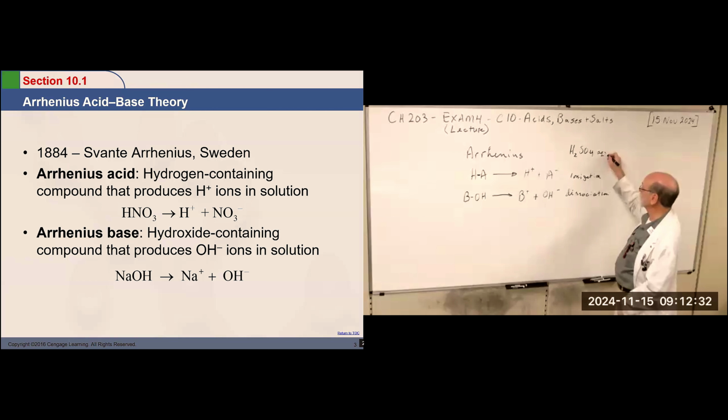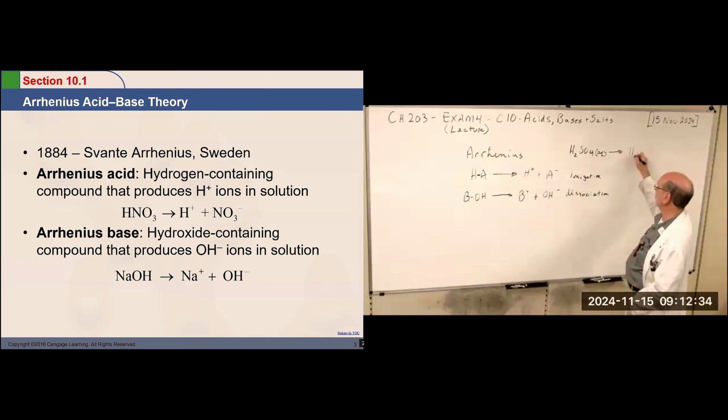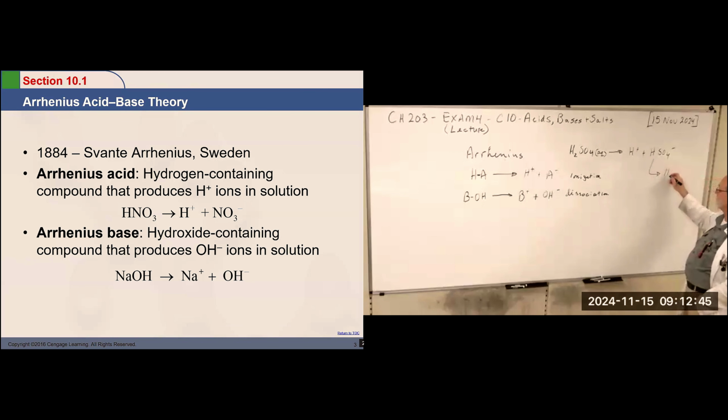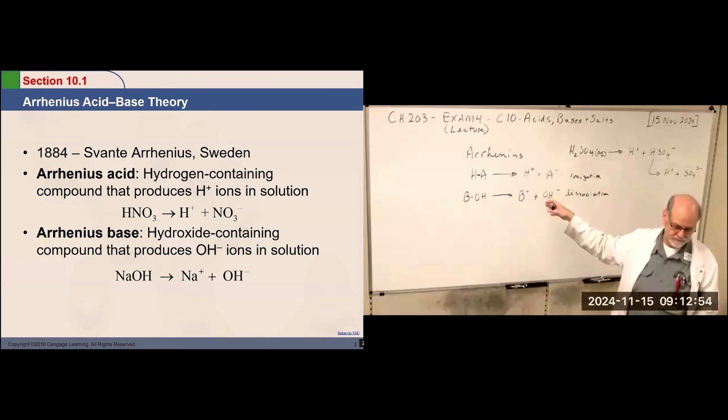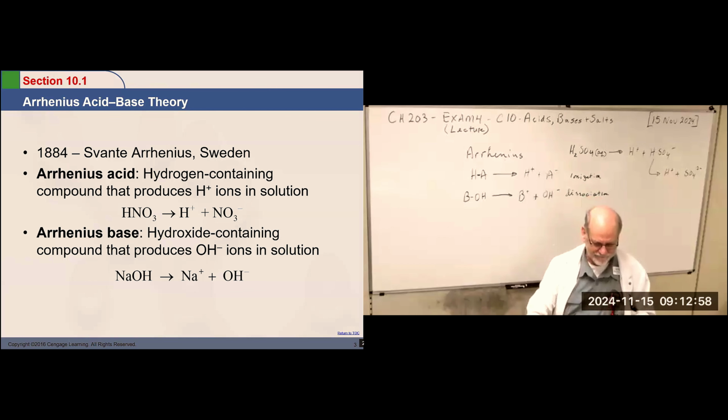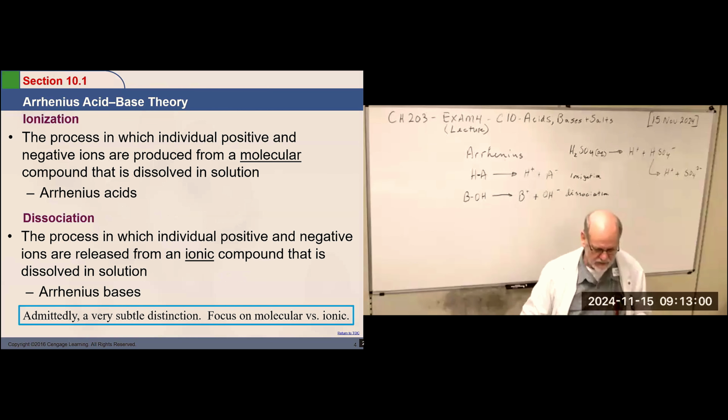So this would have to be an aqueous solution, and it would produce one proton and then what's left over. And then we could take this one and do it again. So that's what would happen with a diprotic acid.